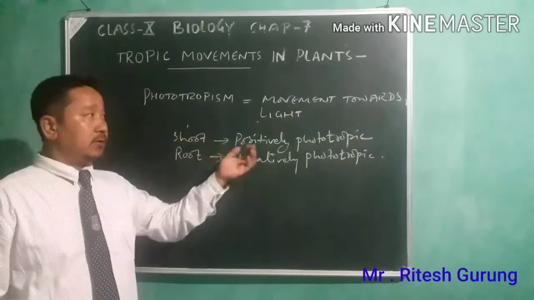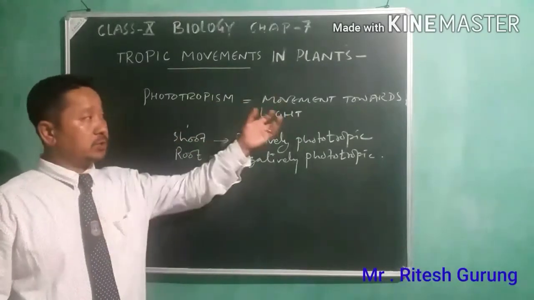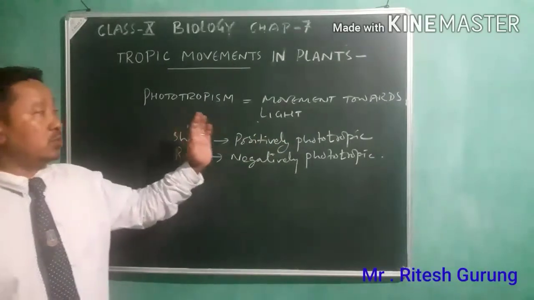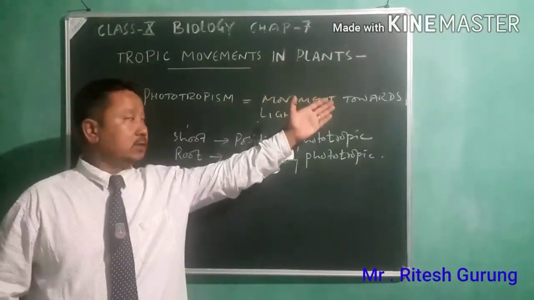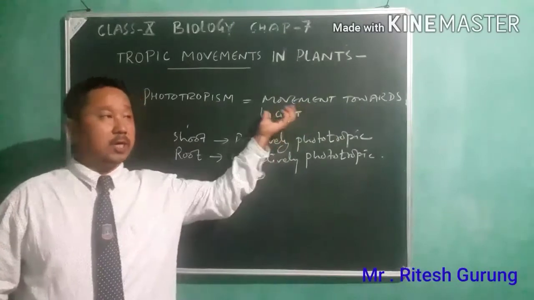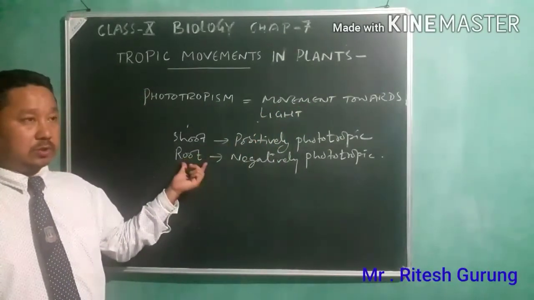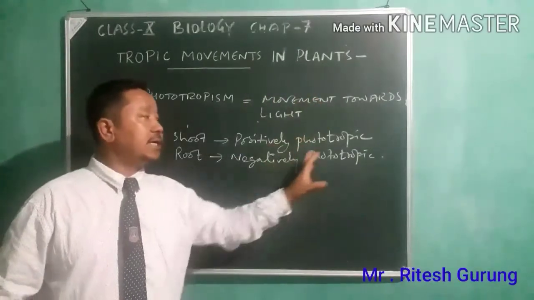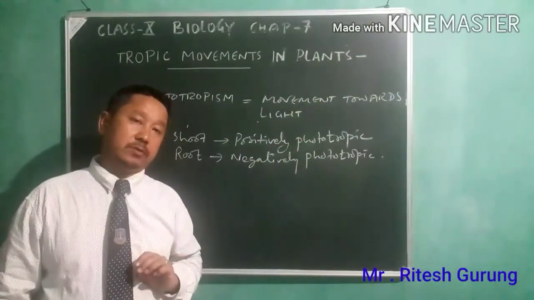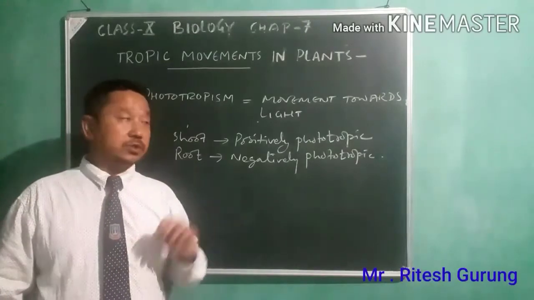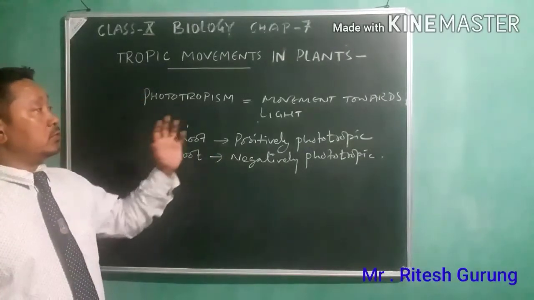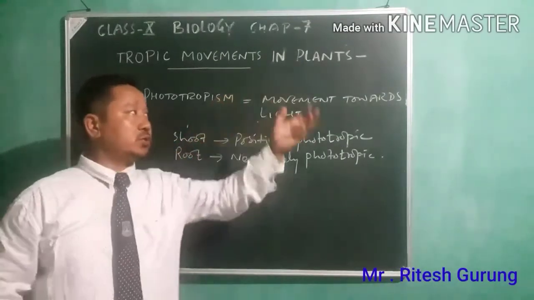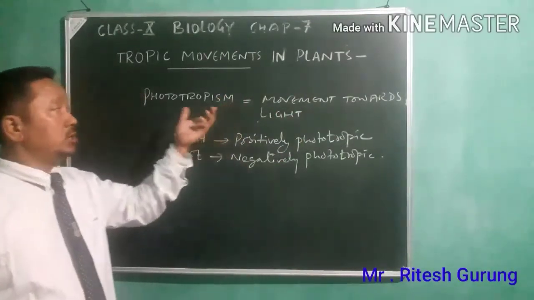The source is the same here. The source is light. So the shoot system is moving towards the source of light, which is positively phototropic, whereas roots are moving away from the source of light, that is negatively phototropic. So the movement which is showing the response of the movement towards the source of light is called phototropism.